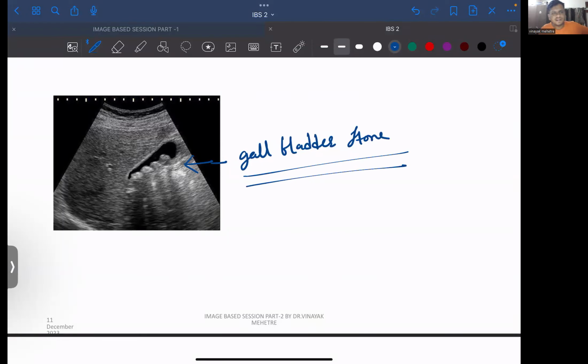ओके, गॉल ब्लैडर स्टोन. अब इसी क्वेश्चन को I will twist it around. AST, ALT डिरेंज, पेन इन राइट अपर क्वाड्रेंट, fever is there, and TLC or WBC count is increased. What is the diagnosis?